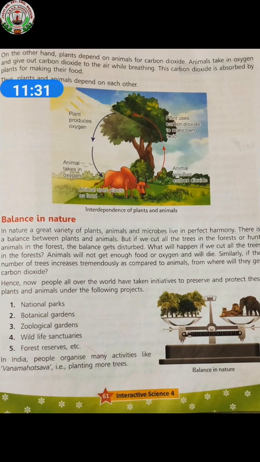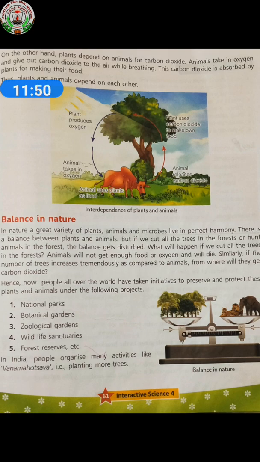Hence, people all over the world have taken initiative to preserve and protect these plants and animals under the following projects.